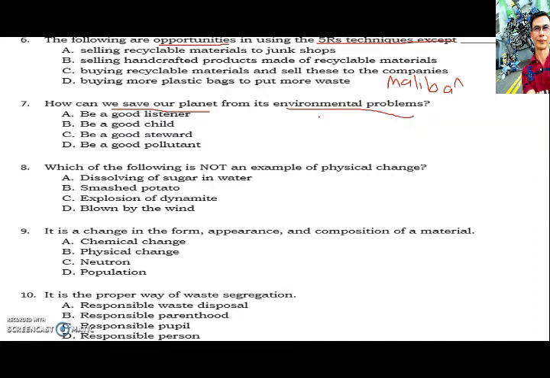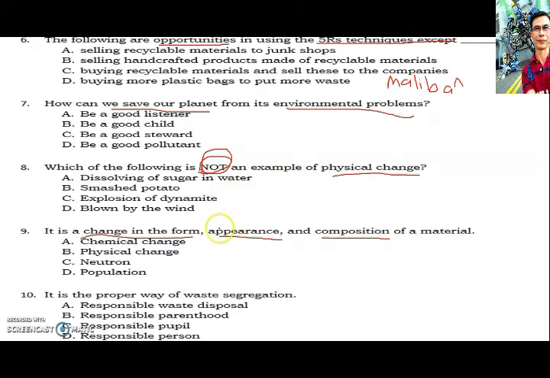And number 8, which of the following is not an example of physical change? Do you see the bold letter not? That is your clue, which does not belong to the following choices. And number 9, it is a change in the form, appearance, and composition of a material. So there is already the clue word, the change.